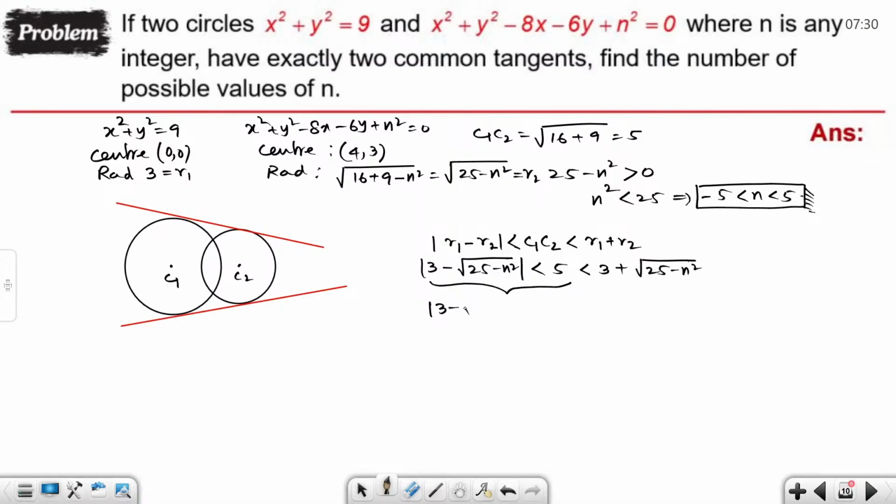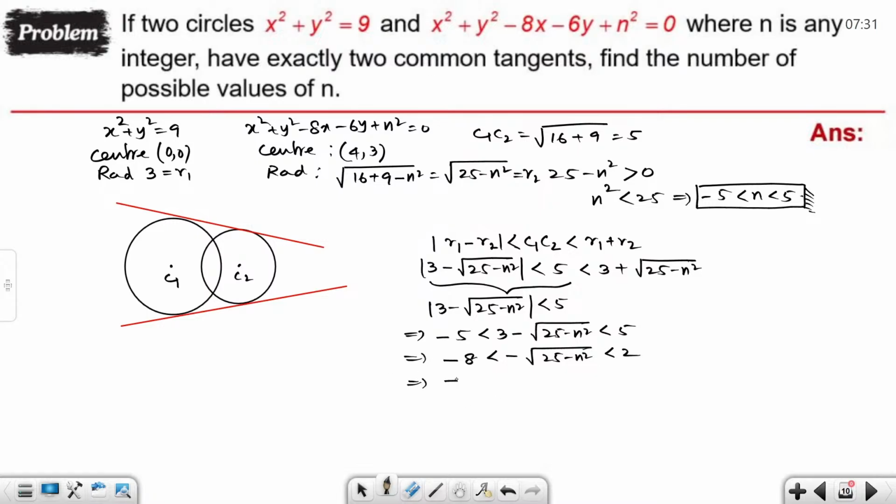Now, first, let us take this condition. So, mod of 3 minus root 25 minus n square is less than 5. This implies, okay, so now we are getting minus 8 is less than minus root over 25 minus n square is less than 2.